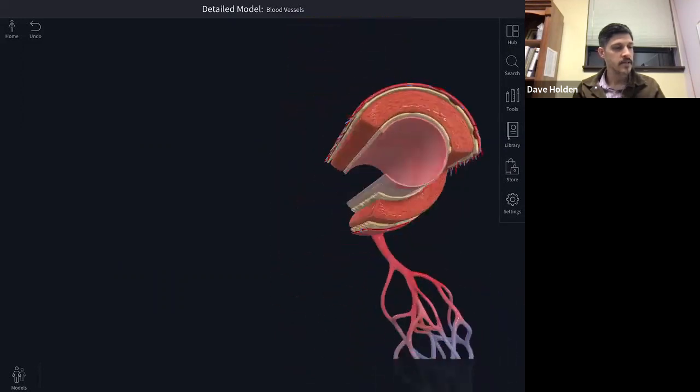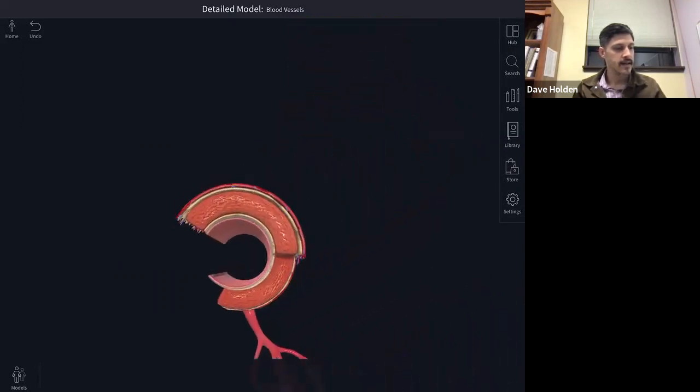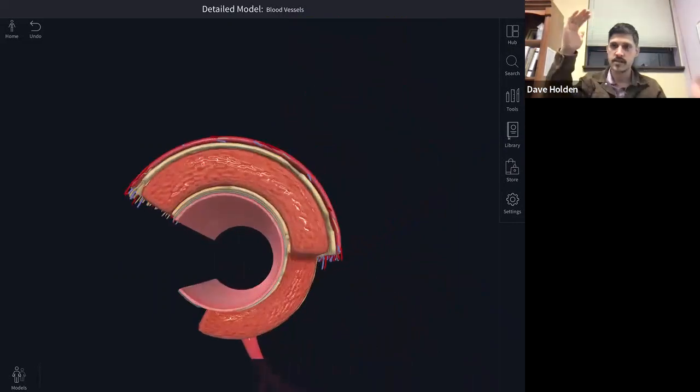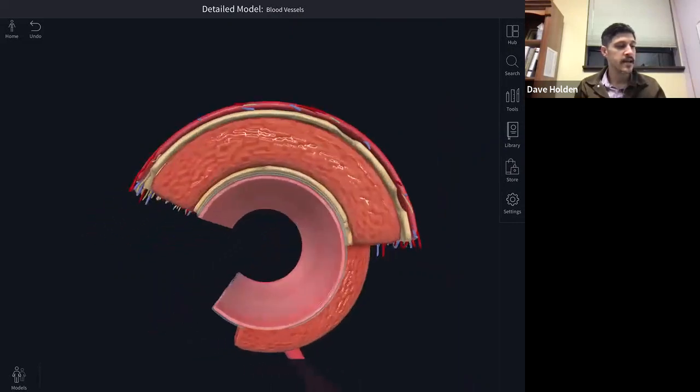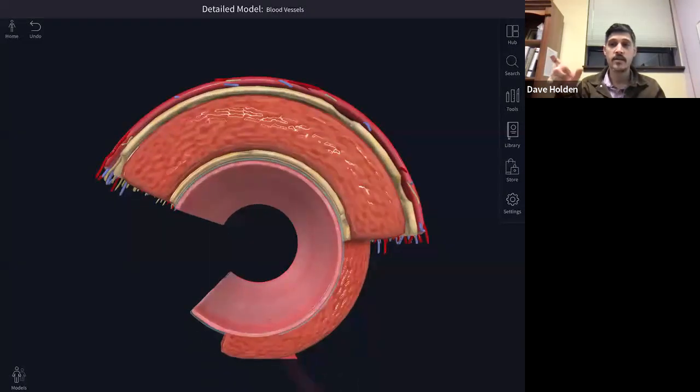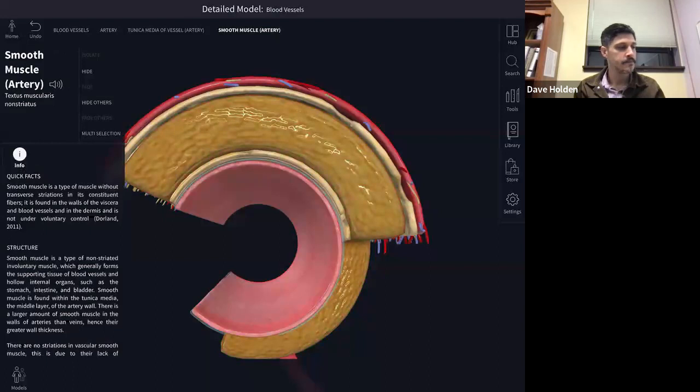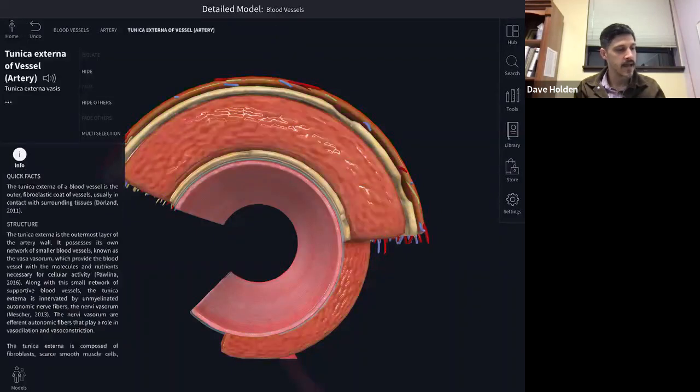This may even be an easier way to look at it like this. So you can really start to see how these layers move through the inside. The easiest layer to spot is going to be the tunica media, the middle layer. It's nice and thick right there. On the outside, you have the tunica externa.